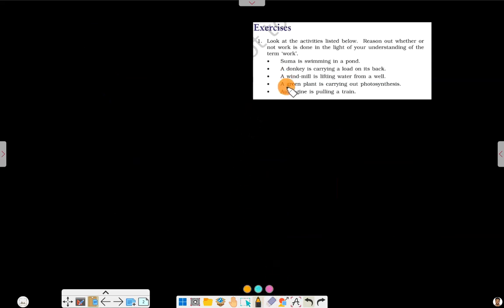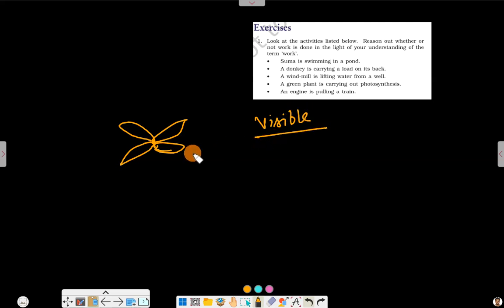Now going to part number 4, a green plant carrying out photosynthesis. Suppose this is a plant, these are the leaves of the plant. When they are carrying out photosynthesis, in visible form, what is visible to us, these plants will not move. They carry out photosynthesis at their place. They don't move during photosynthesis.